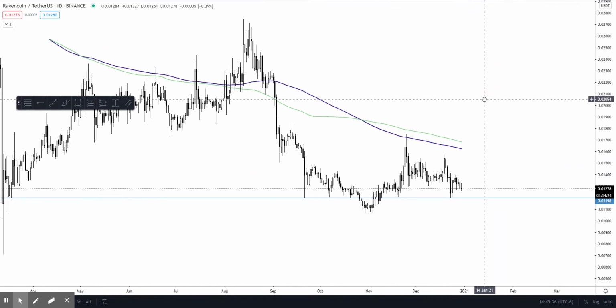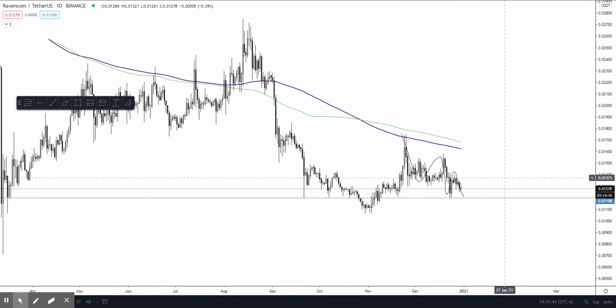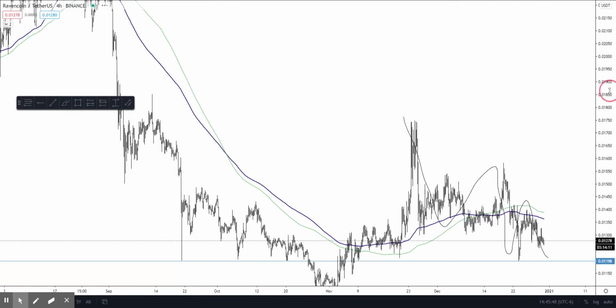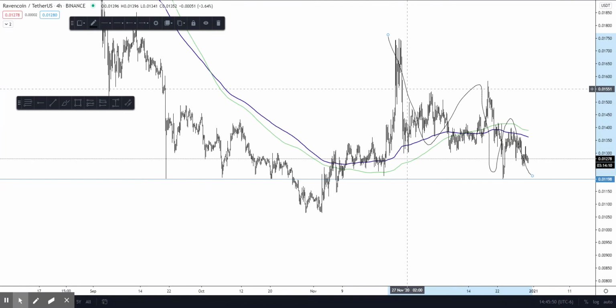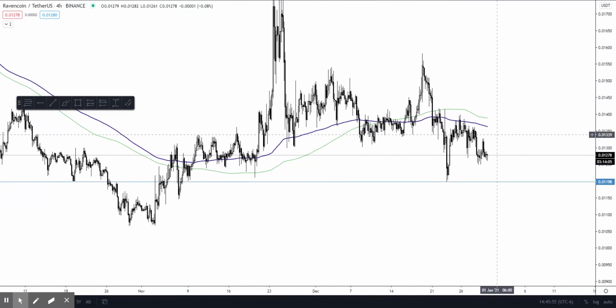And your market structure on your daily chart is bearish. Okay, so very much a bearish market structure. You're trading below your 4-hour 200 MAs. You're trading below your 200 daily MAs. Getting rejected by 4-hour 200.